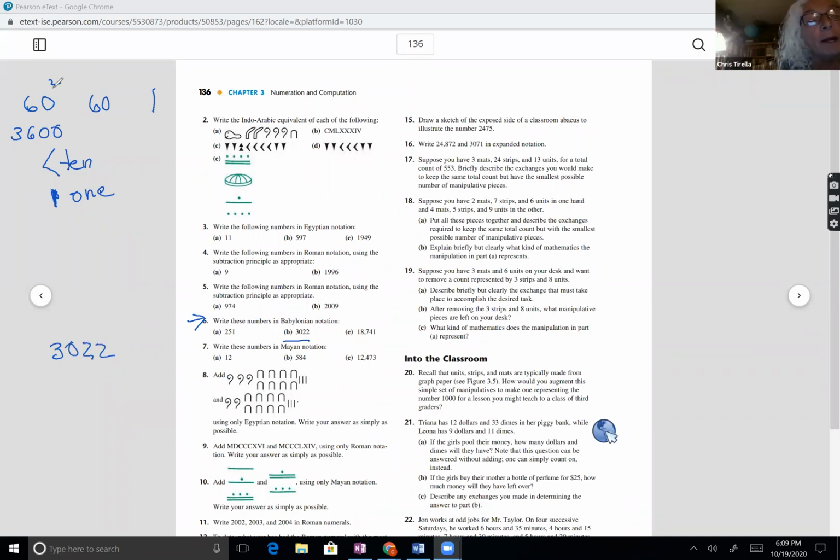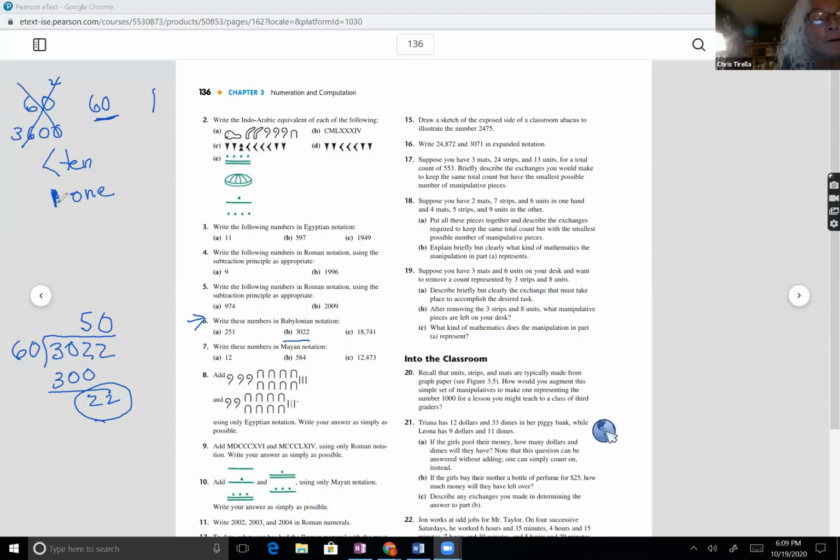Is everybody all right? I don't need anything in the 3600 place value. It's too big. So I need to figure out how many 60s I need. So I'm going to take that number and think of dividing it by 60. Dividing it by 60 would give me 50 and a remainder of 22.